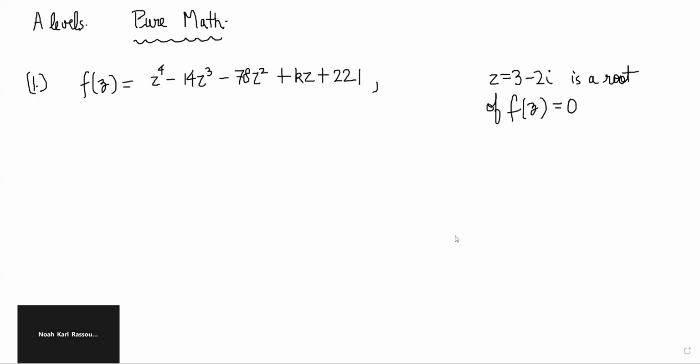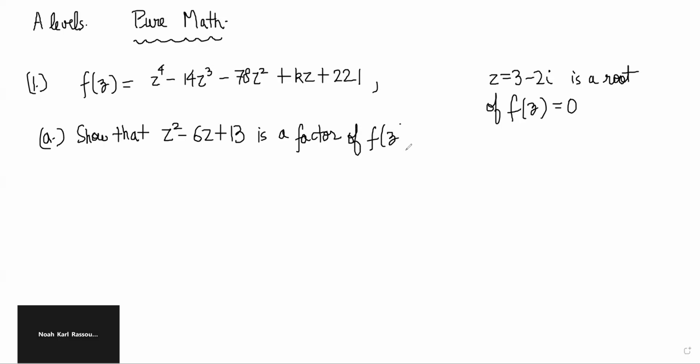Yeah, that makes sense. Now you have to show that z square minus 6z plus 13 is a factor of f of z.